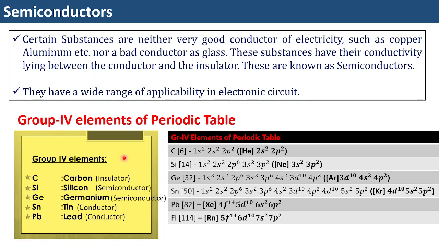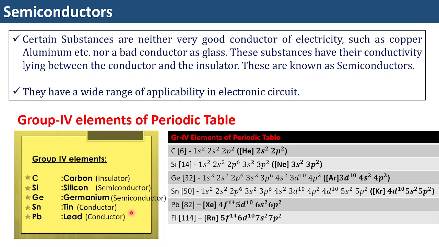Carbon is not at all a conductor, nor is it a semiconductor. However, in between carbon and tin, which is a conductor, you have silicon and germanium. Silicon is a semiconductor, germanium is also a semiconductor. On the other hand, you have tin and lead, both conductors, although not very good conductors, but conductors all the same.